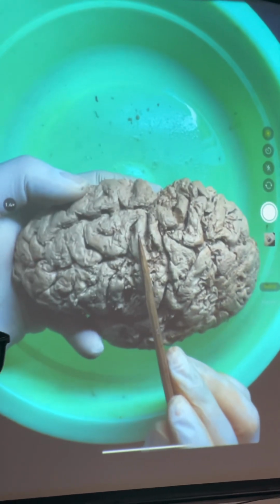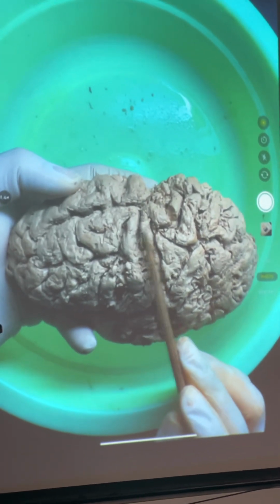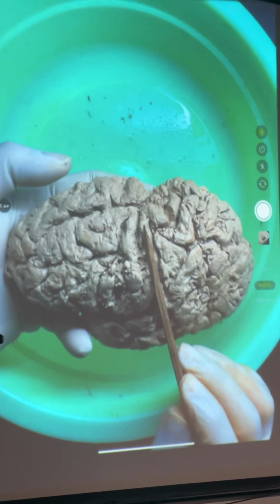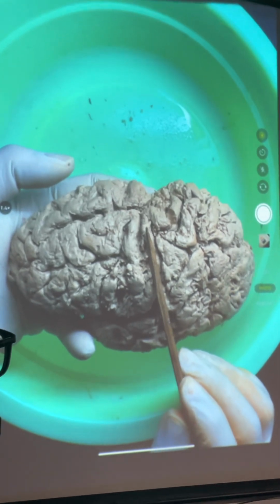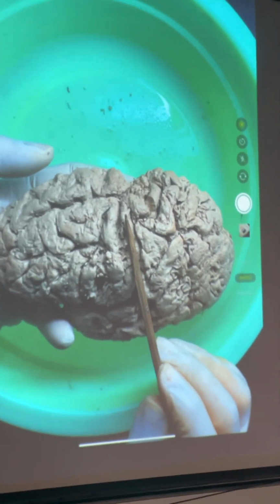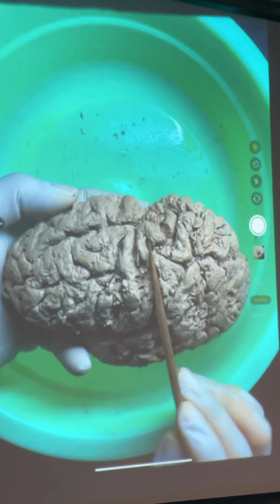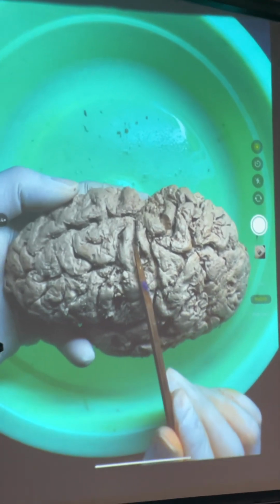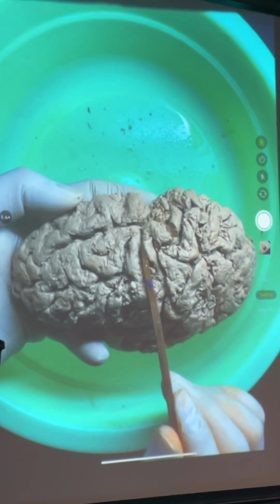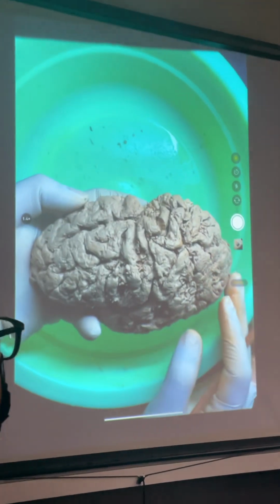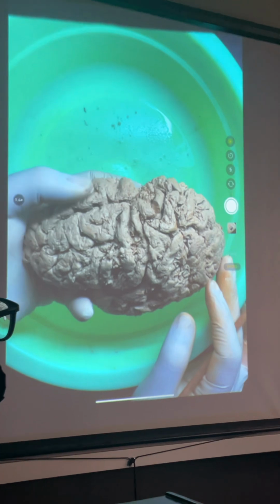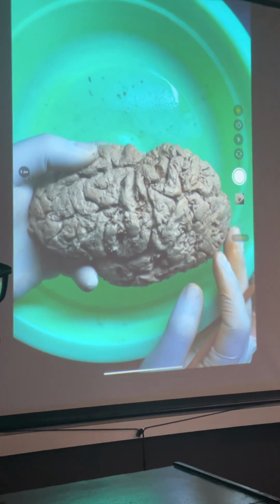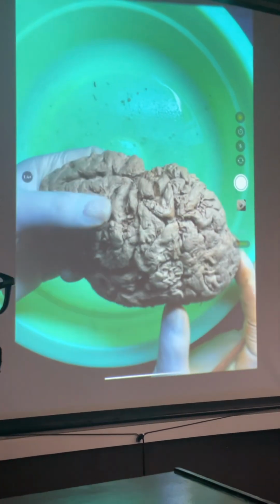This one is the pre-central gyrus. This one is the central sulcus of Rolando. This one is the pre-central sulcus. Do you see it? Yes? Okay. So let's proceed to the parietal lobe.